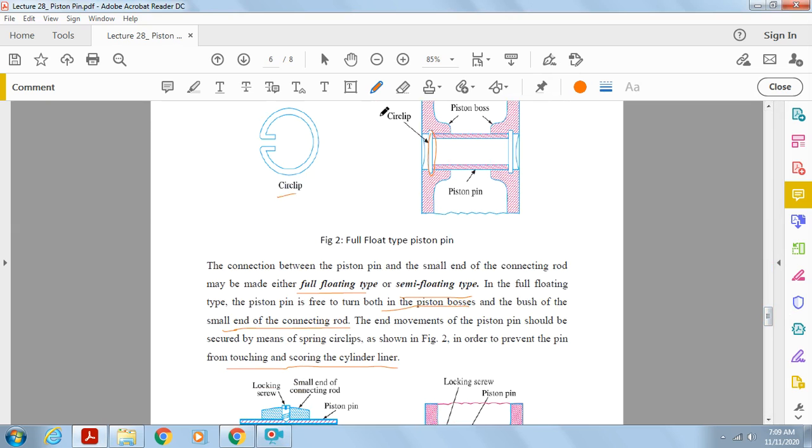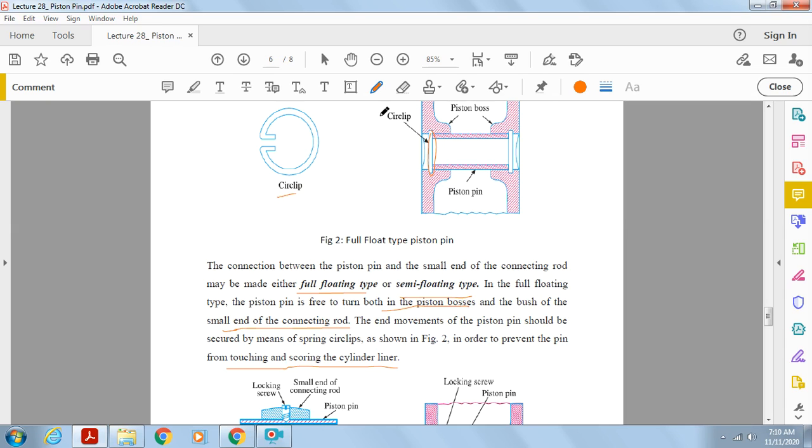Also try to chalk out the difference between the full floating type piston pin and the semi floating type piston pin, depending upon the free turning inside the piston boss and the connecting rod bushing. Depending upon the freely turning ability, whether it is there or not, full floating type and semi floating type are classified.